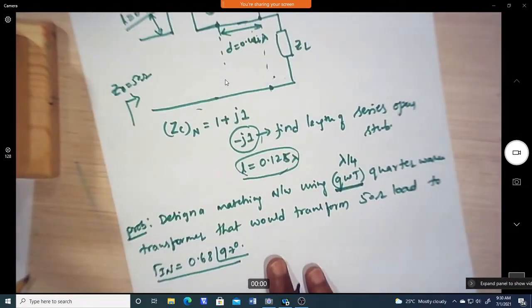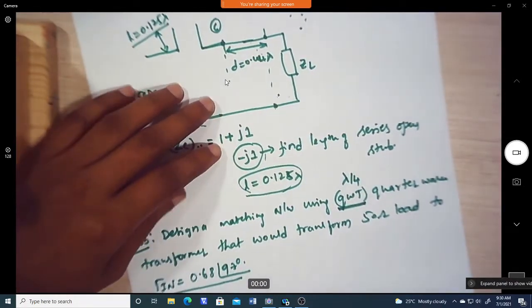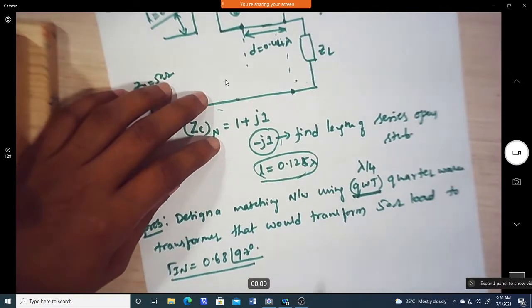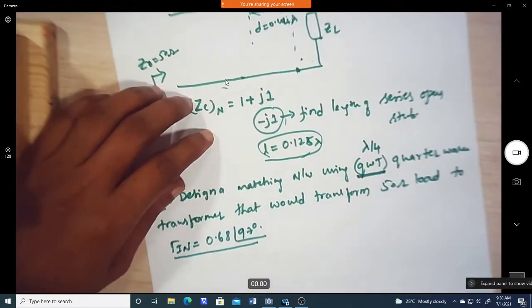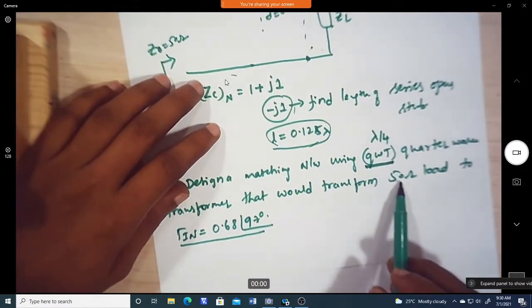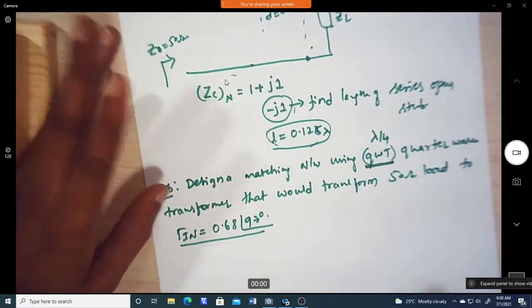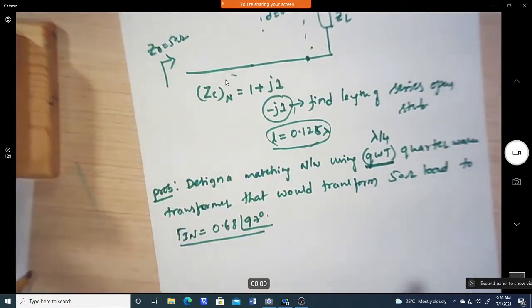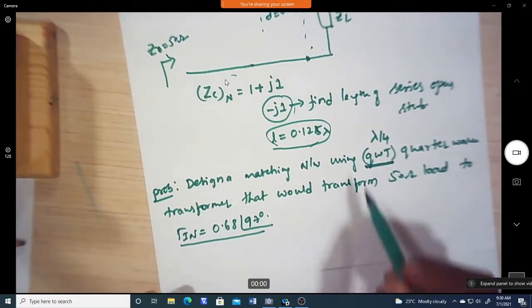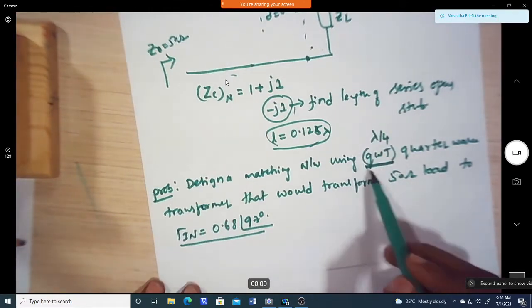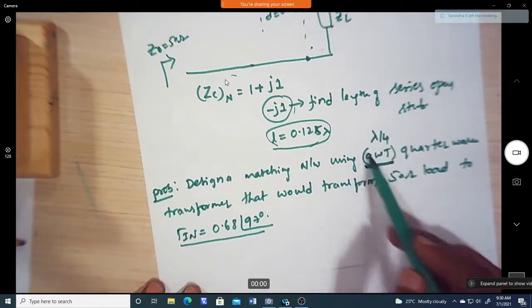Now we can use here any kind of stub. In order to match this 50 ohm load to the input reflection coefficient, we can use any kind of stub, either series stub, short stub, whatever it is. But you need to use the quarter wave transformer. That is most important.